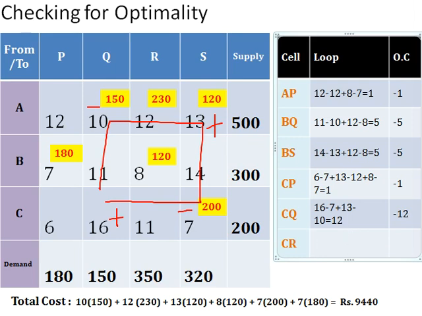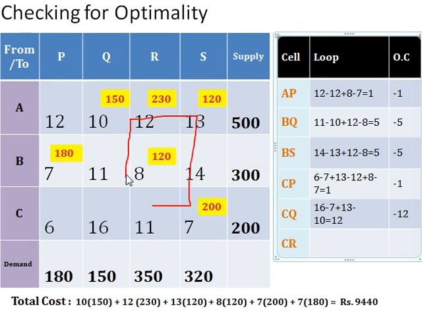Similarly, for next unoccupied cell CR, as we can calculate, so loop we have starting from here, going here, here, again we can have turn. So plus, minus, plus, minus.